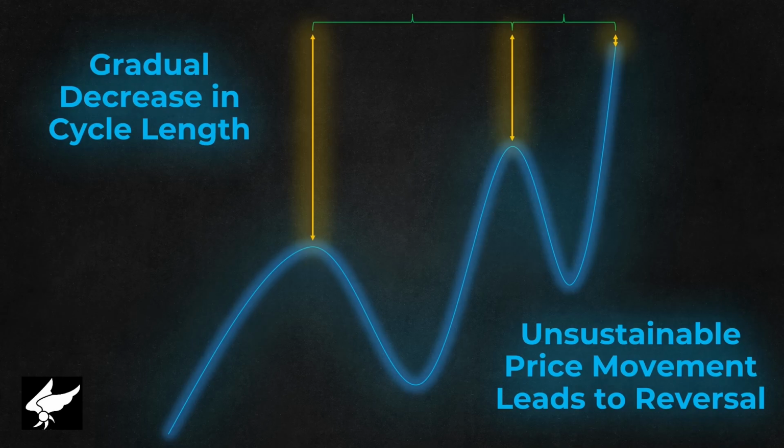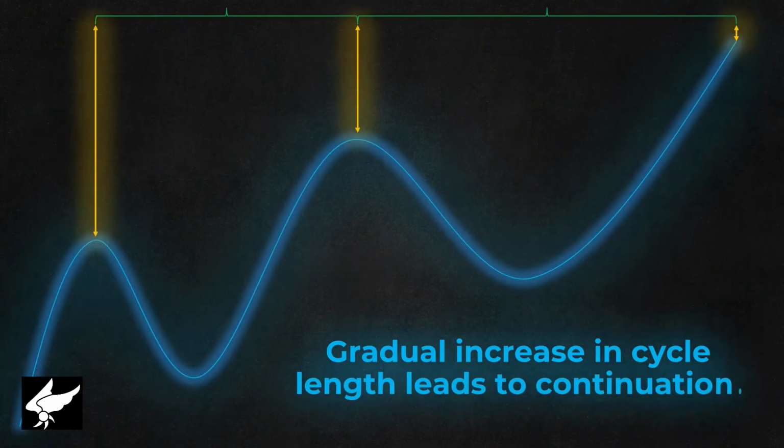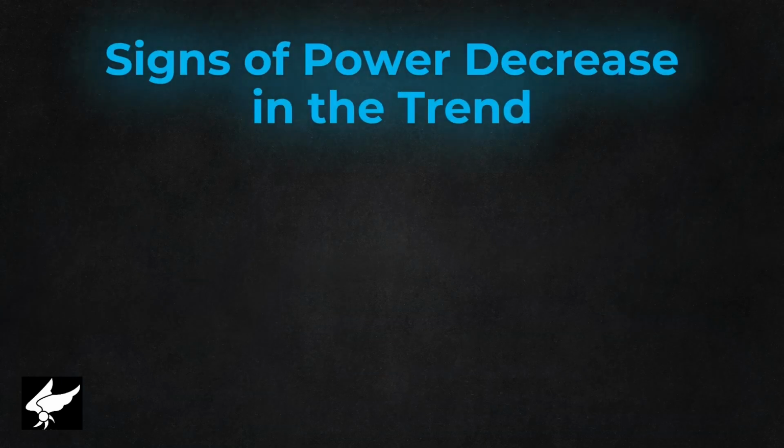On the other hand, a gradual increase in cycle length while amplitude remains equal is a sign of continuation. That's because there is time for price action to create up and down movements in a sustainable fashion. In terms of cycle analysis, there are two signs to look for when scanning for a power decrease in the trend, which means the possibility of a trend reversal.